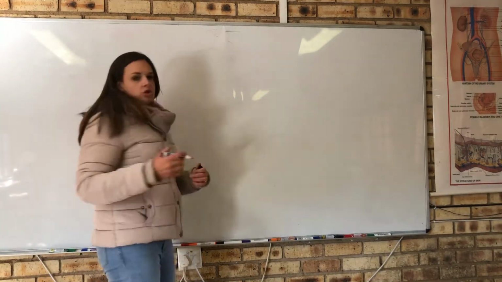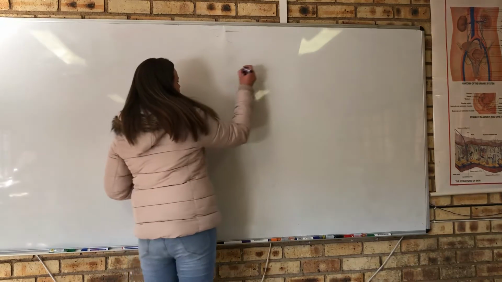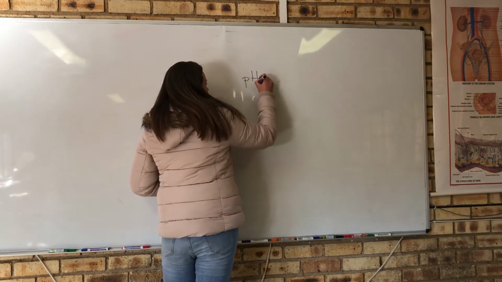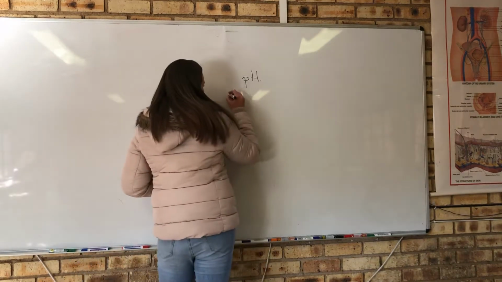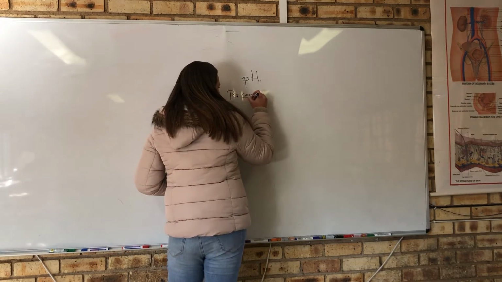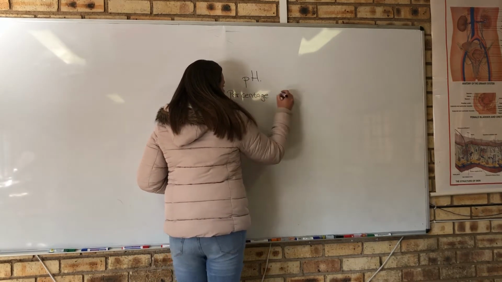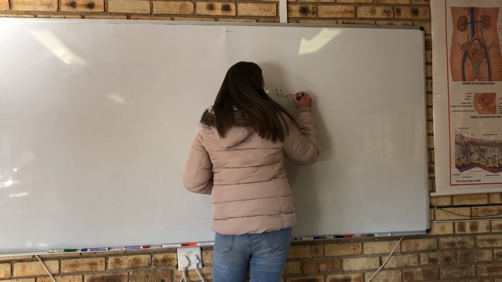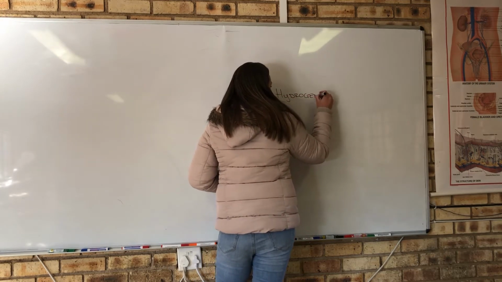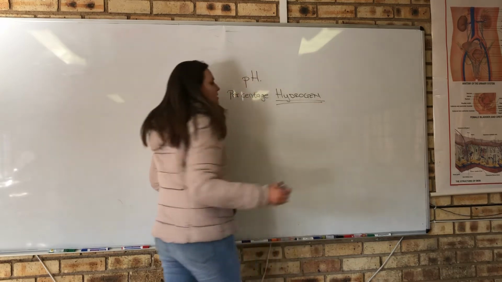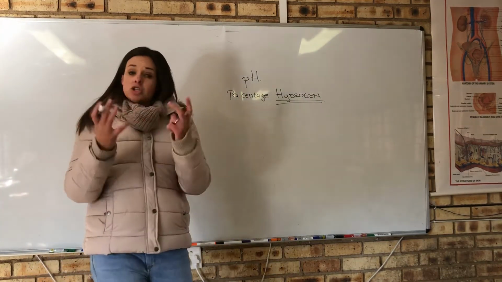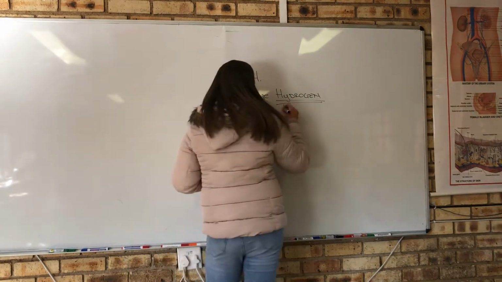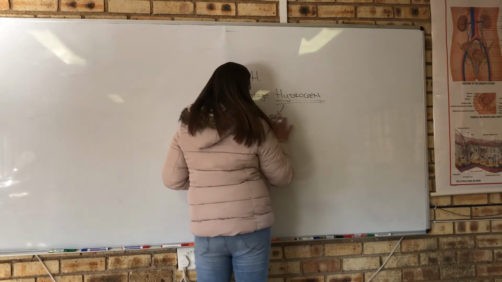Right, so in order to do pH, we actually have to have an understanding of pH first. So pH stands for percentage hydrogen. The more hydrogen there is present, hydrogen ions that are dissociated in a solution, the greater the acidity.